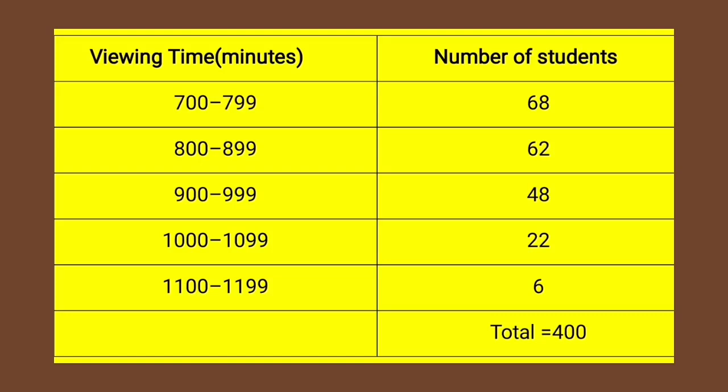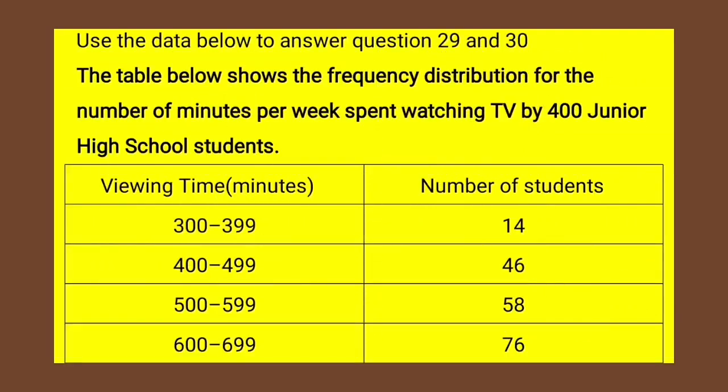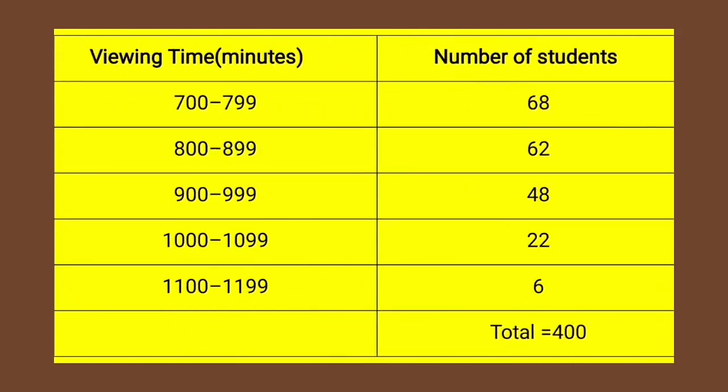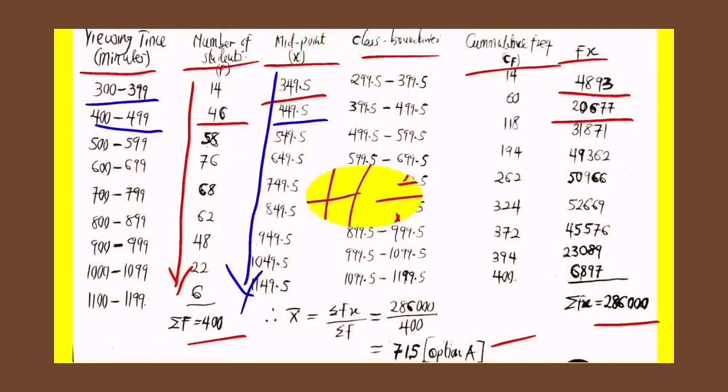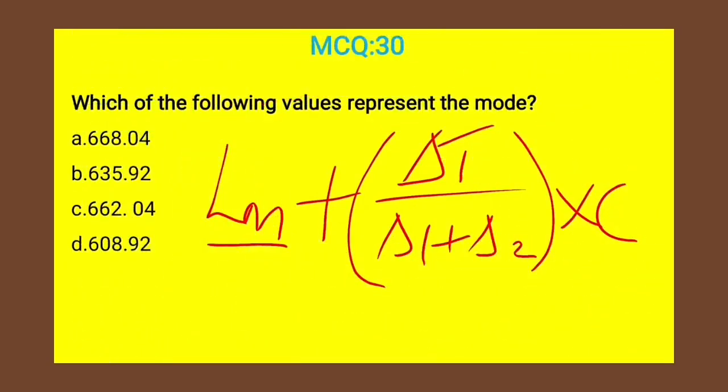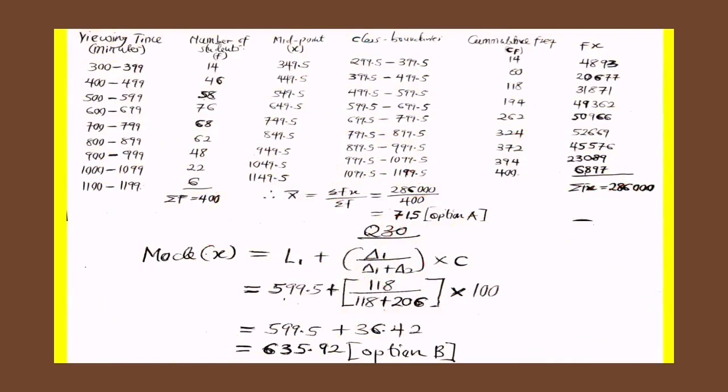Which of them has the highest frequency? It's going to be 76, and the class is 600 to 699. So the modal frequency is 76.